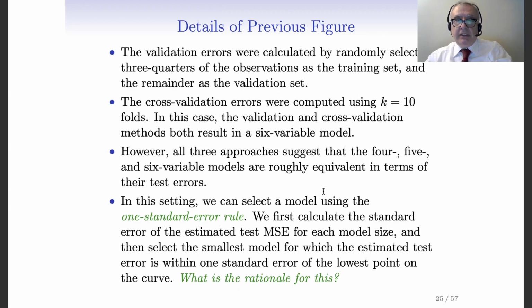Some details on the validation and cross-validation errors. The validation errors were computed by randomly selecting 3/4 of the observations that were used as training set and reserving the remaining 1/4 of the data as validation set.